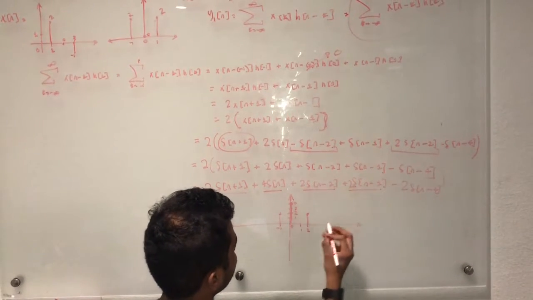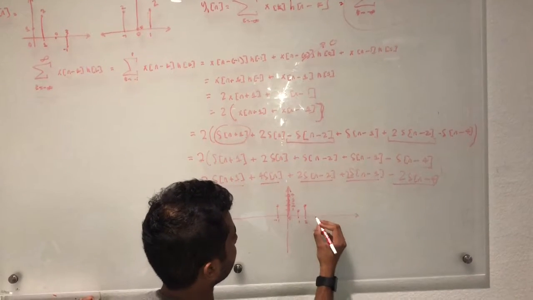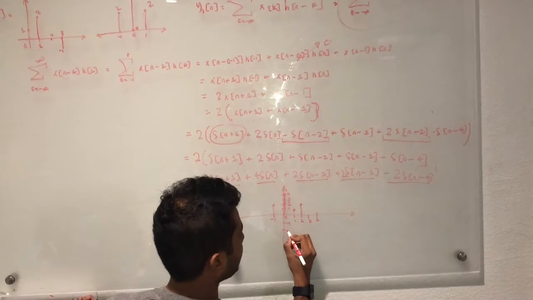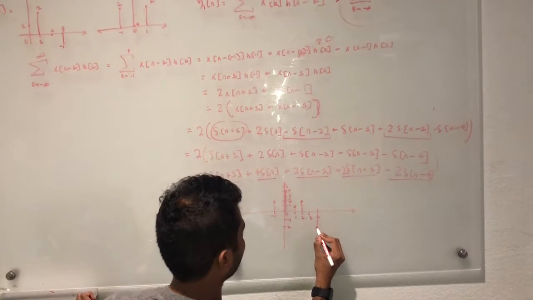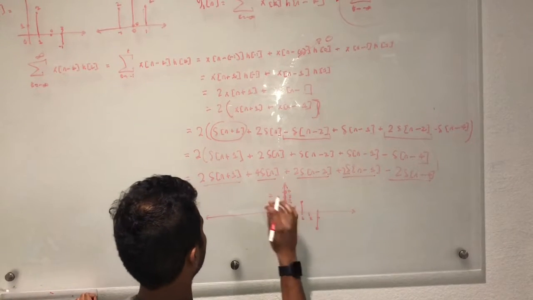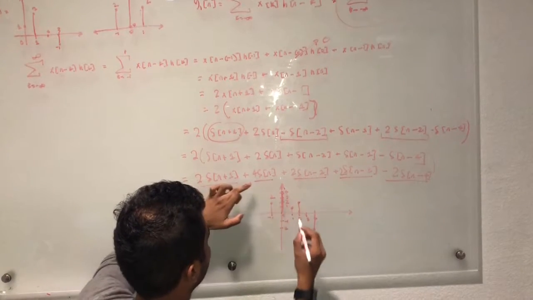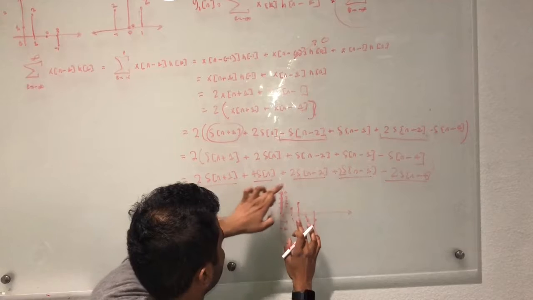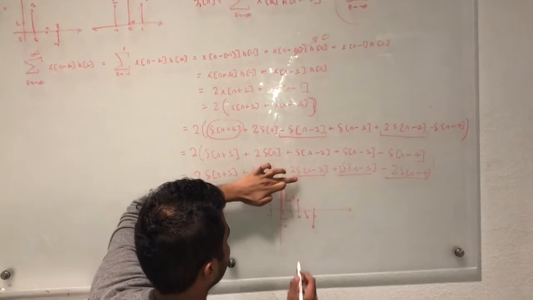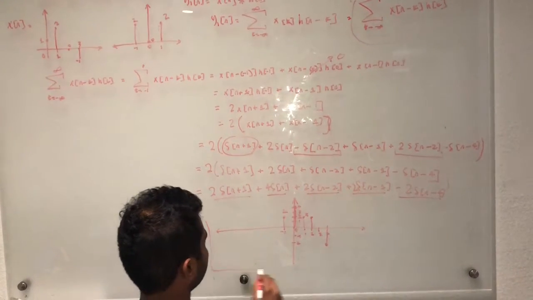And over here, this function will be plotted out like this. So over here, 2, 4. Sorry, my mistake. This is 2, and over here we have 2, and over here we have negative 2. So this should be your overall function.